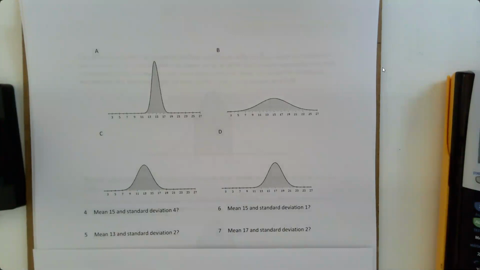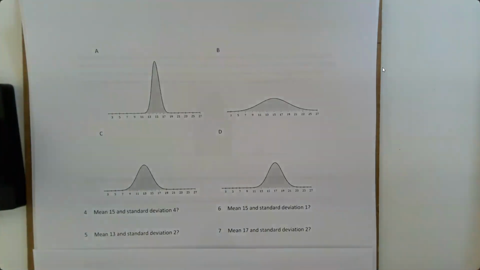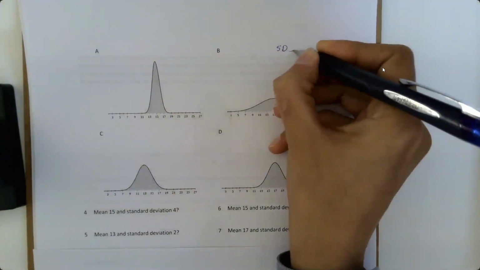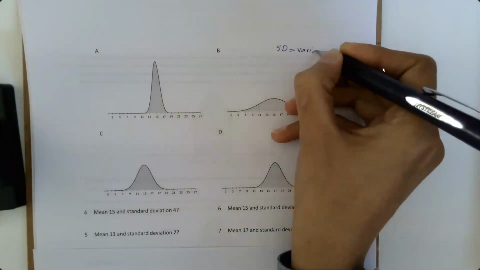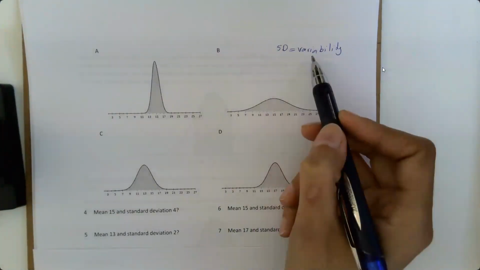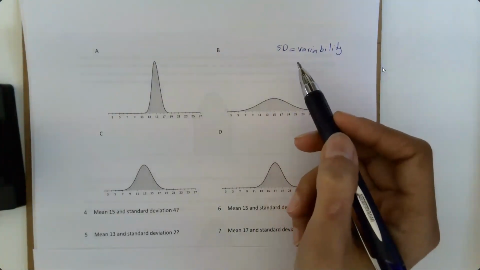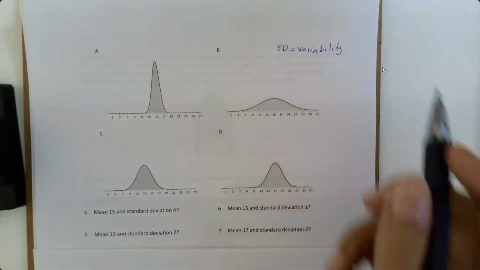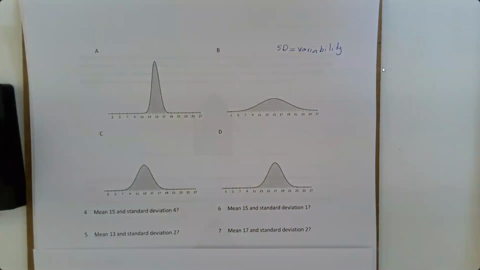Okay, well, remember standard deviation. Standard deviation was a measure of variability. When our standard deviation is a small number, it means that we don't have that much variability. It means that the graph is not that scattered.